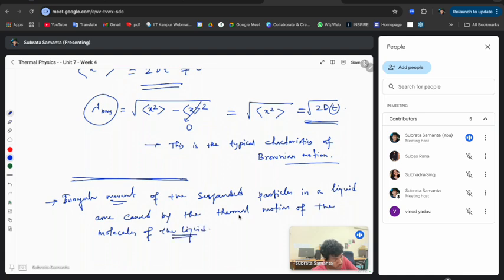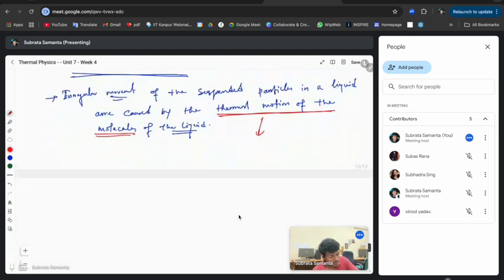What do you mean by the thermal motions of the molecules? This is basically the existence of random force. So what do you mean? Okay, I will come to this point. So what do you mean by the random force?